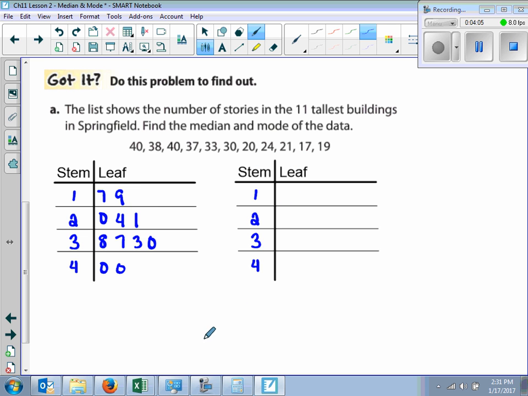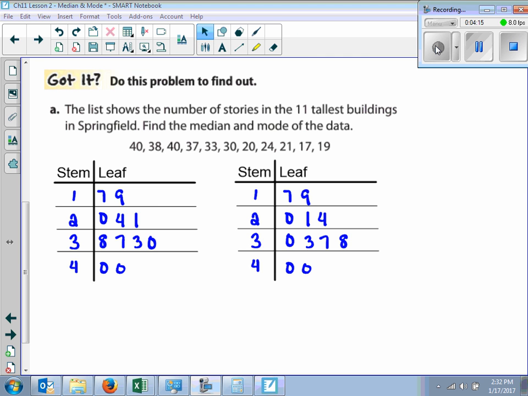Okay, so here we have our unorganized stem and leaf plot, and now we just need to organize that in the second stem and leaf plot. So here is our data organized in our organized stem and leaf plot, and you can see 17, 19, 20, 21, 24, 30, 33, 37, 38, and the 40s, that you have your data in order from least to greatest.